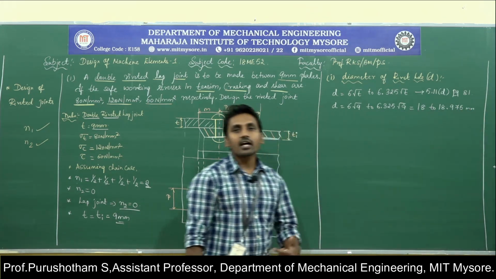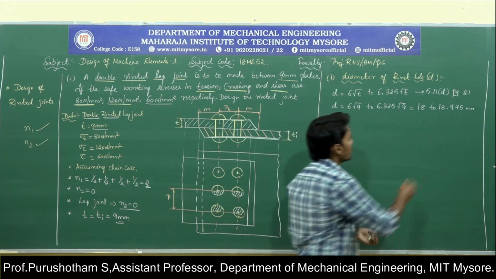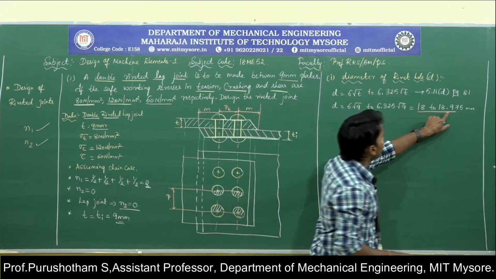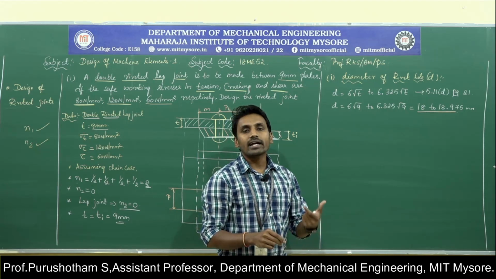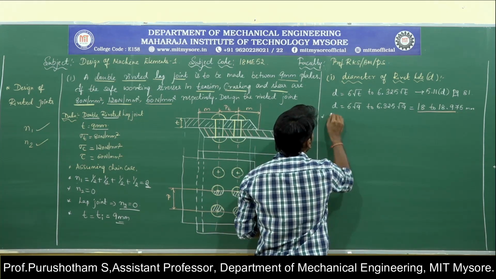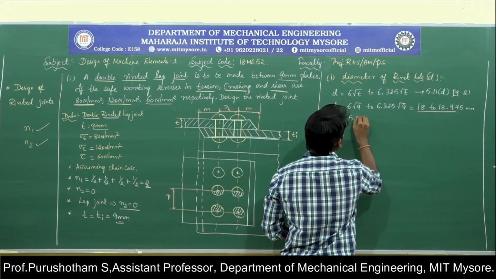That means the diameter of the rivet hole lies in between 18 and 18.975 millimeter. To get the standard value of the diameter of the rivet hole, I am going to refer to table 5.3b.